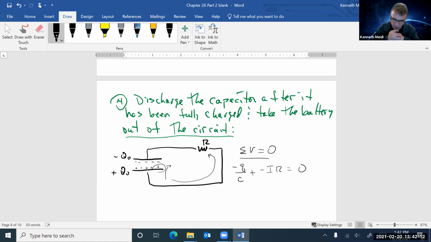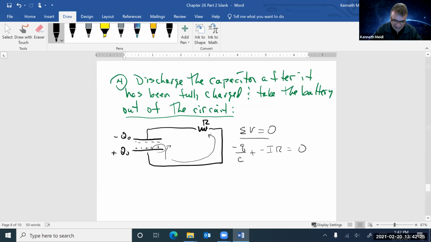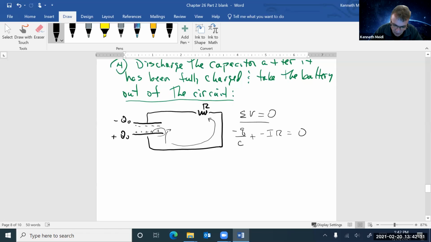So I'm going to add up all my voltages. I've got 2 elements. Voltage across a capacitor is Q over C, and voltage across a resistor is I times R. Let's see where this leads us. Just like before, there are some interesting things here.